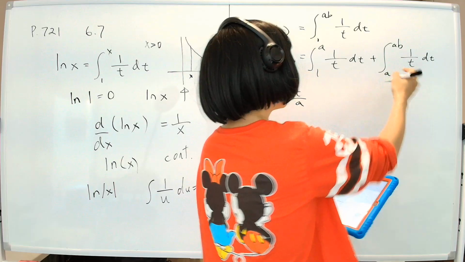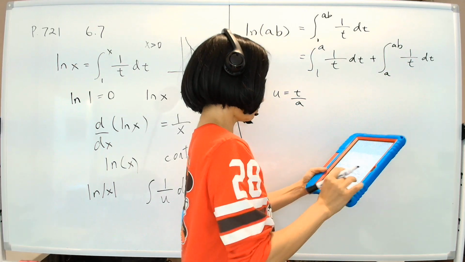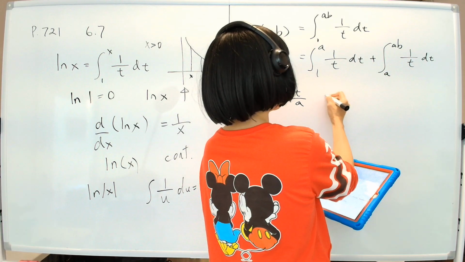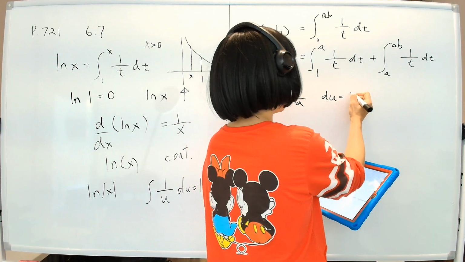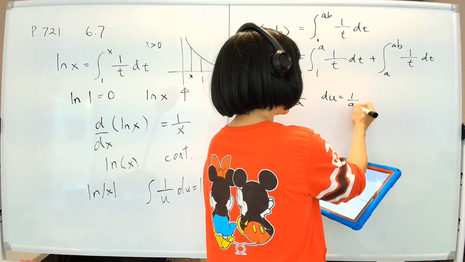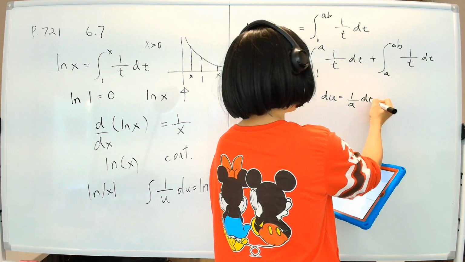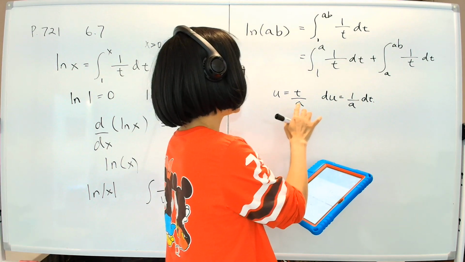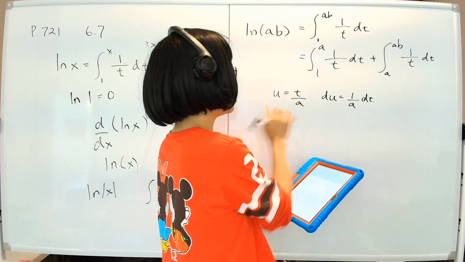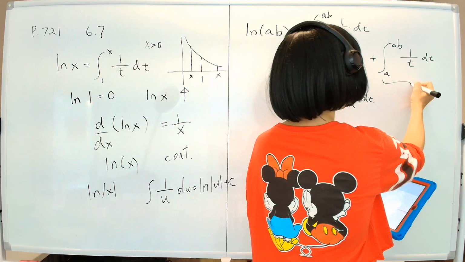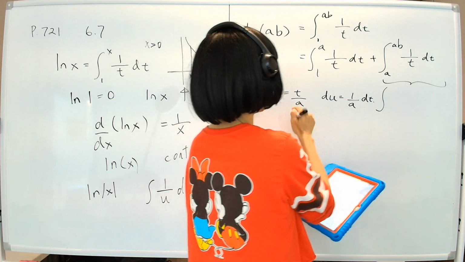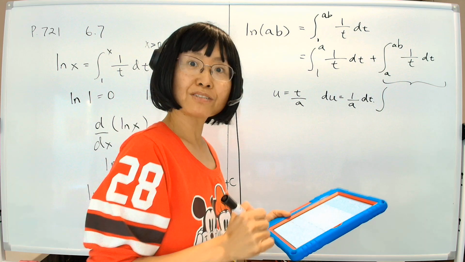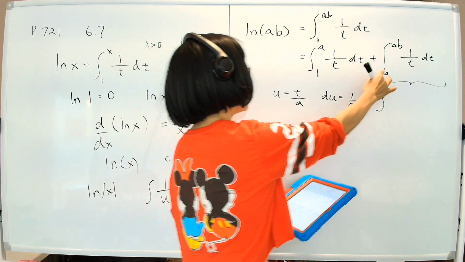Then du, of course, equals 1 over a dt. And then when you plug all that in, t equals u times a. So just this part becomes, okay, I need to transfer the endpoints. Okay, these are the endpoints.